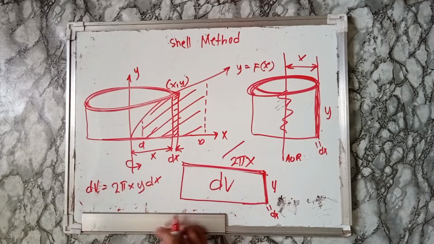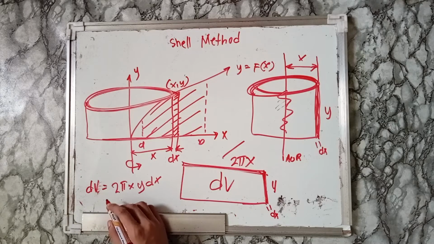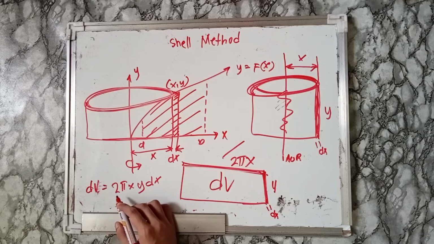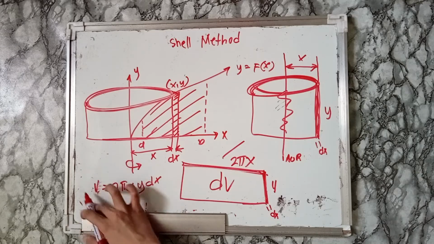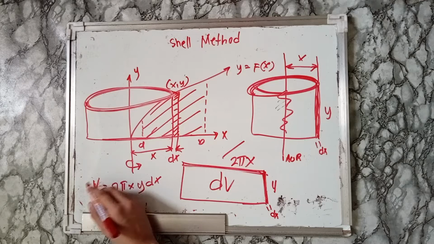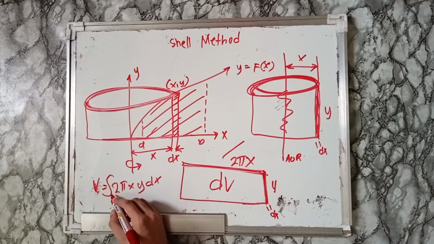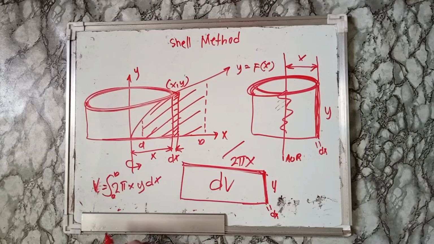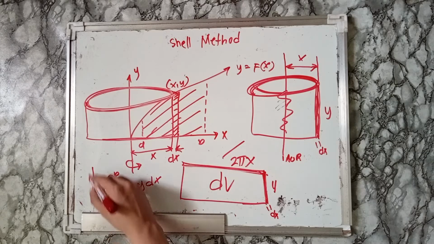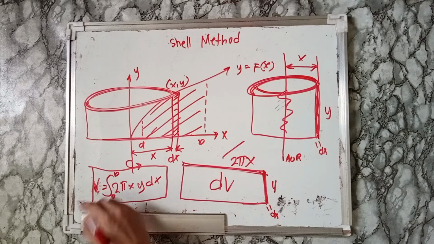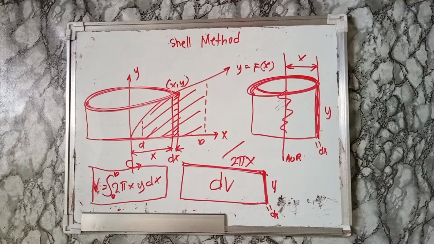Now if we integrate both sides, the volume V will be the integral from limits a to b, since the d will cancel with the integral. So this is our formula for finding the volume of our curve using shell method, right?